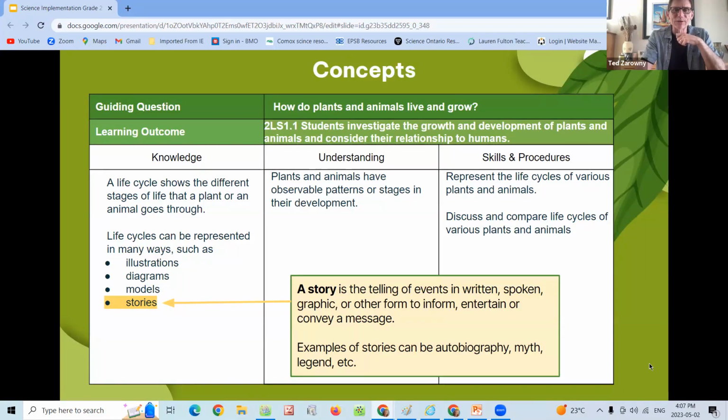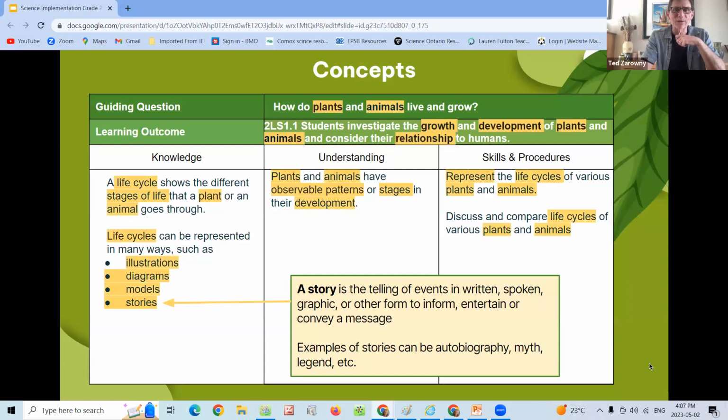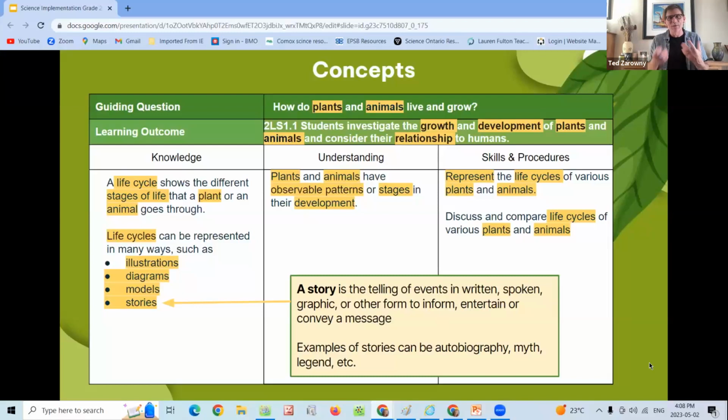We're going to go to the next slide that shows some of those concepts, and you can see the whole cusp line and almost everything lights up, because this science curriculum is full of concepts. But when you look closely, you'll see many of them are repeated in the guiding question and the learning outcome, and repeated throughout the different cusps. Those give you an idea of some of the key ones that you really want to make sure kids have a good handle on.